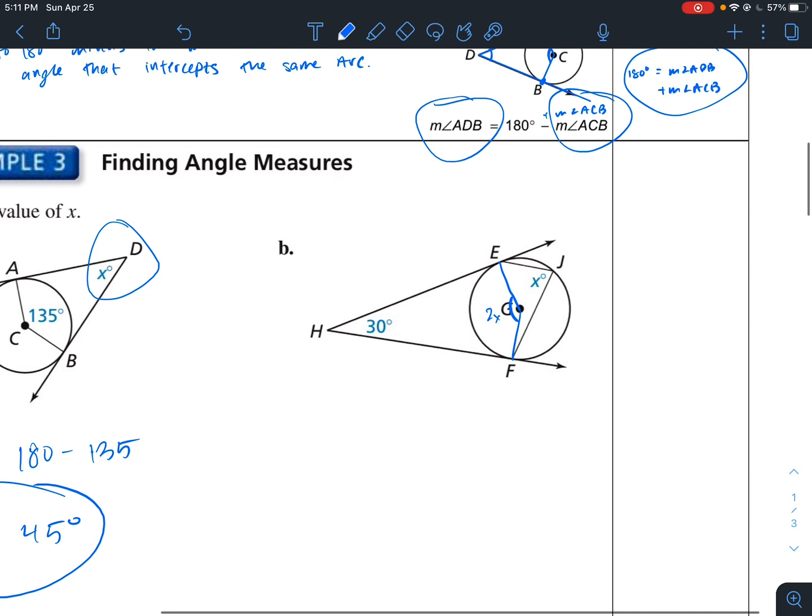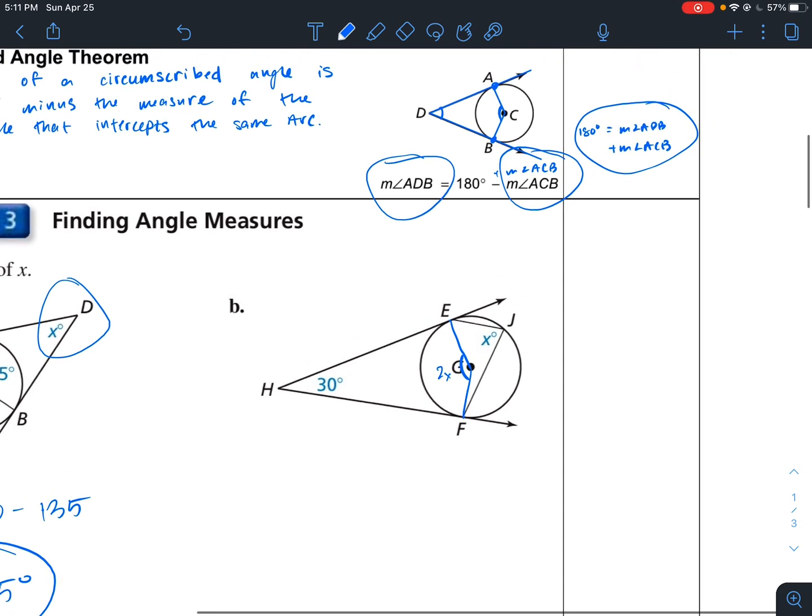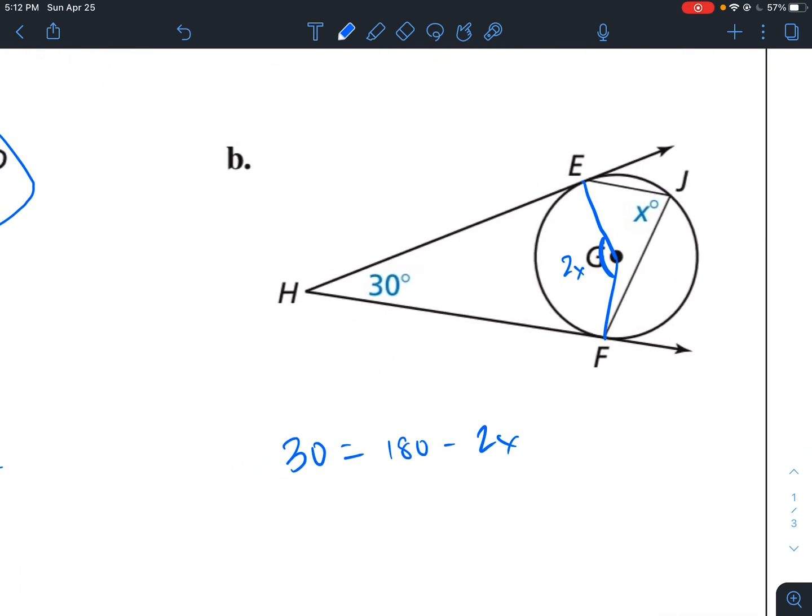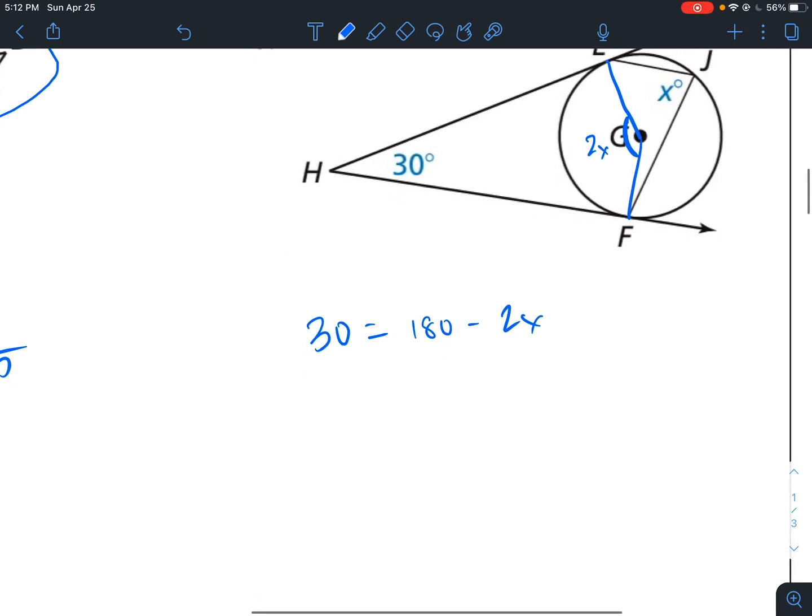Now that I know that, let's use this theorem. I know that the circumscribed angle, which is 30 degrees, so 30 has to be equal to 180 minus ACB, the central angle, and I know the central angle is 2x. Now I'm going to move items around in order to solve for x.